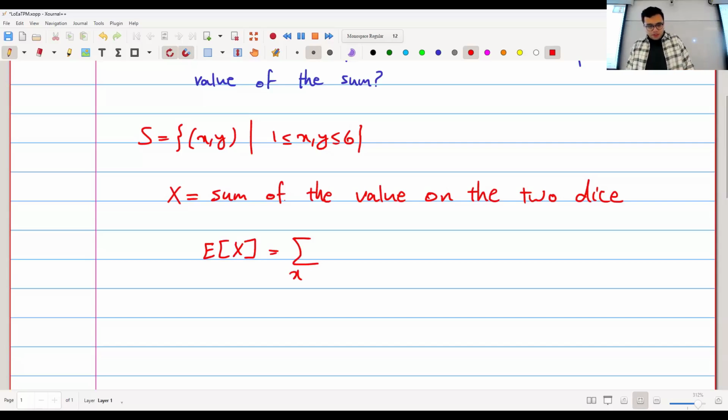For every possible value, what is the smallest value I can have? The smallest value is 2. Right. And what is the largest value I can have? It's 12. So the sum of x from 2 to 12 of x itself times the probability that the sum is equal to x.